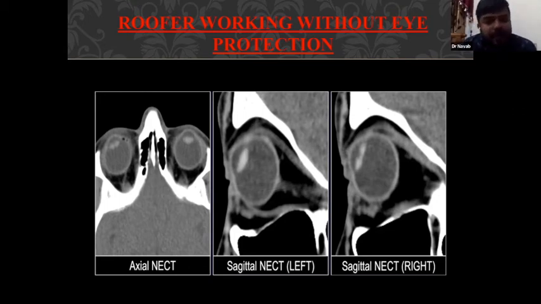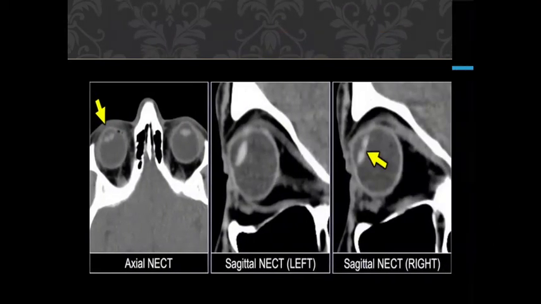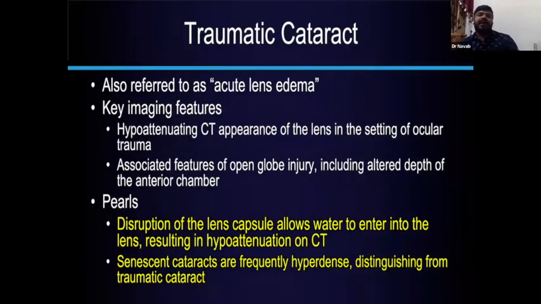It is a little hypodense and thinned out. It is a case of acute lens edema, which appears hypoattenuating on CT. It can be associated with other injury also. The etiology is disruption of the lens capsule, allowing fluid to enter the lens, resulting in changes on the CT.